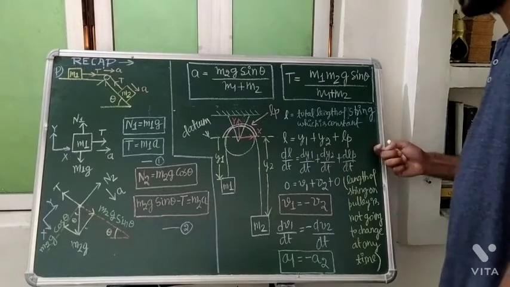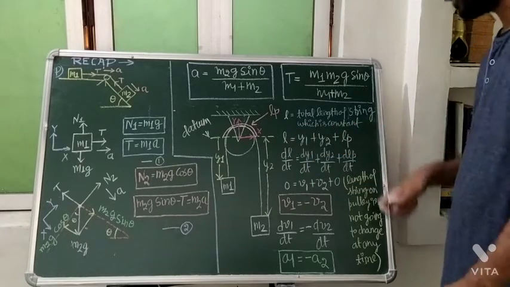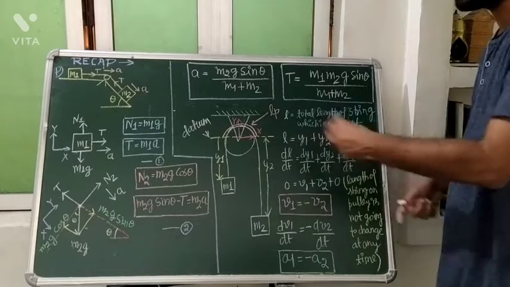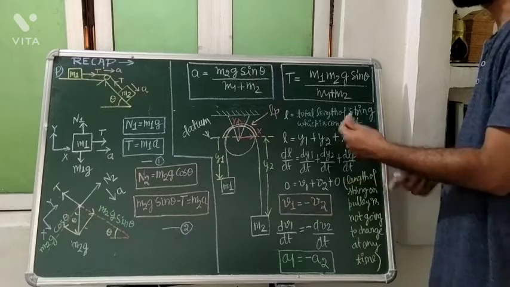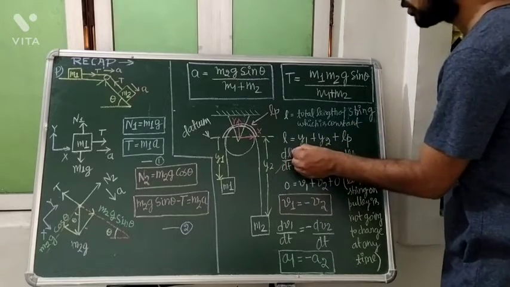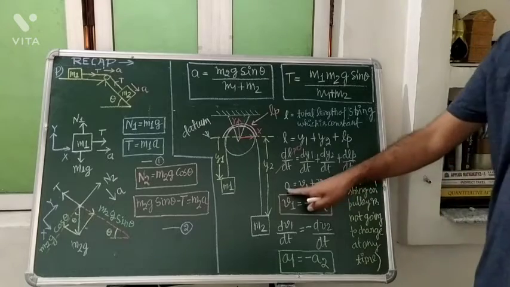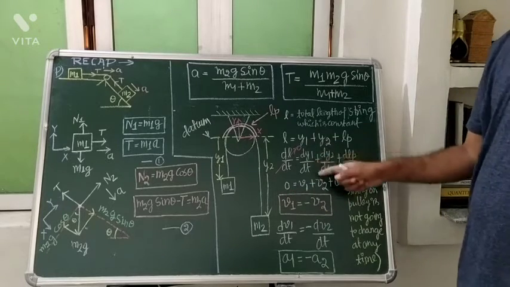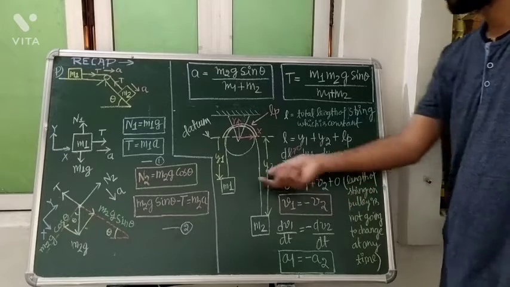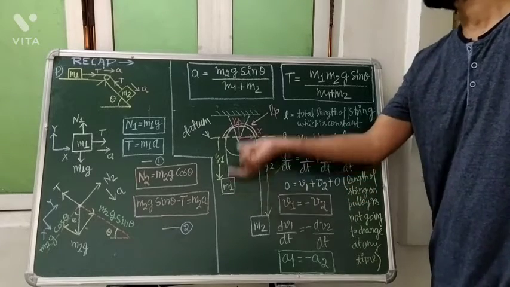And now, student, when we differentiate this with respect to time, since L is constant, the total length of the string is not going to change, the differentiation of a constant will become equal to 0. And when we differentiate y1, this will give us the velocity v1 with which mass m1 is moving.